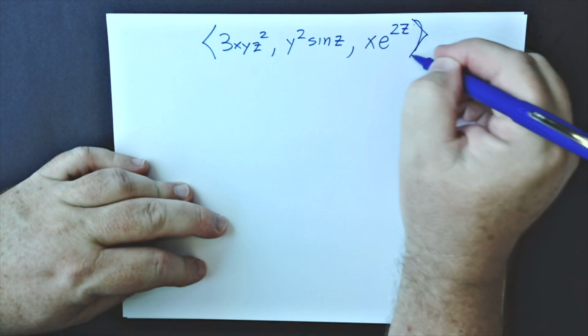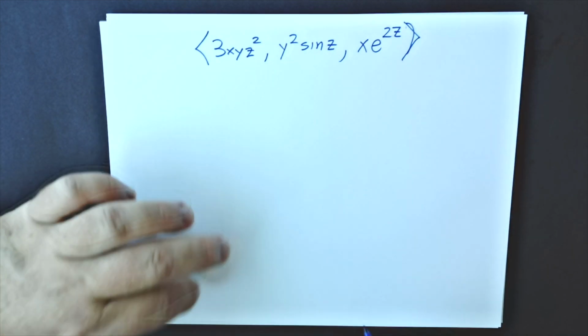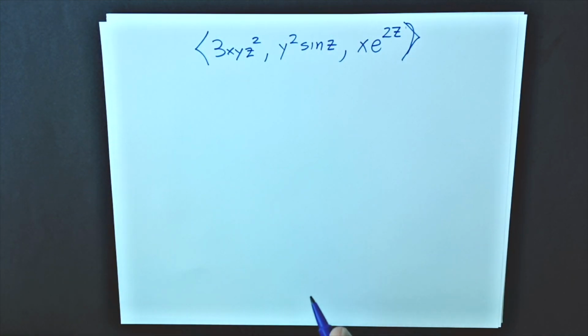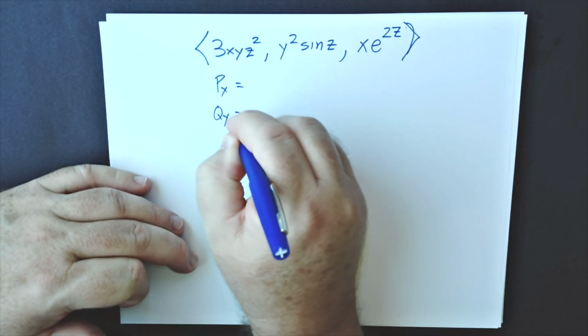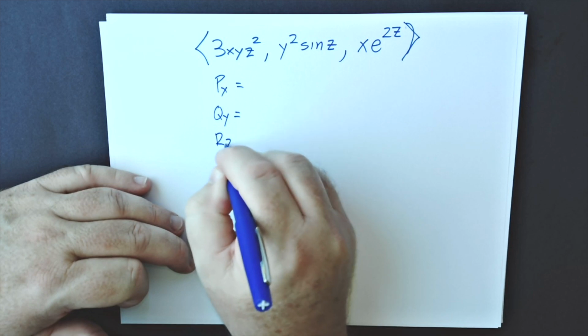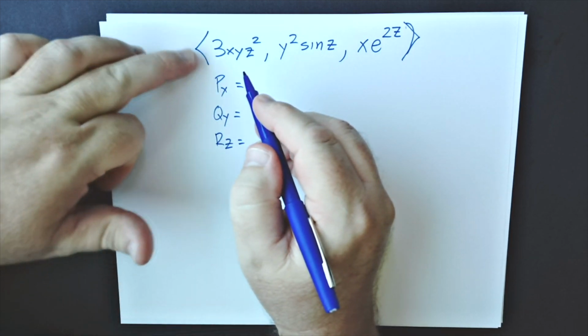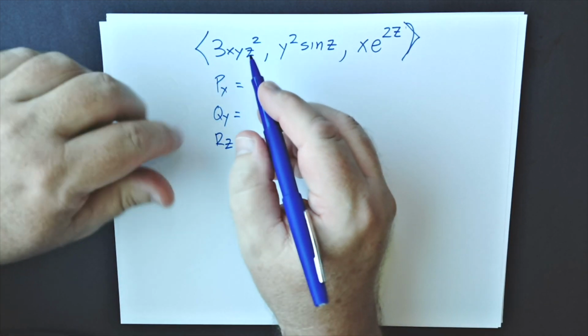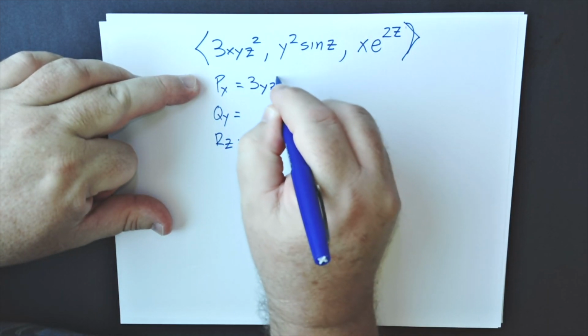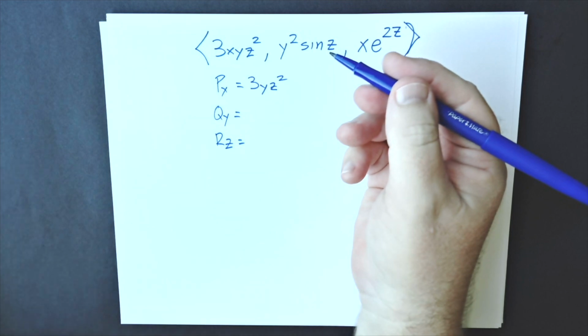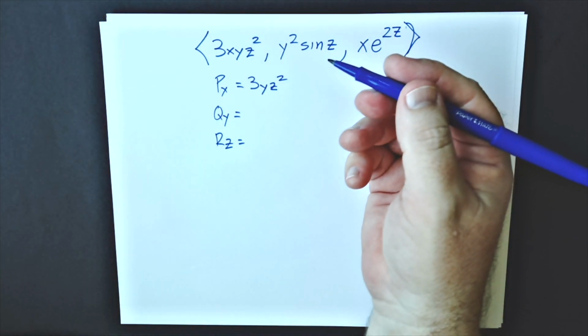Oops, that's got to be a proper bracket there. All right, same thing, P sub x, Q sub y, and R sub z. So P with respect to x, well, that just means the x is going to go away, so it's really 3yz squared. So nothing weird going on there.